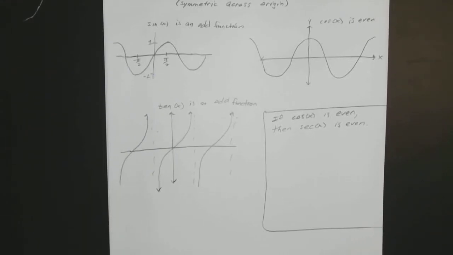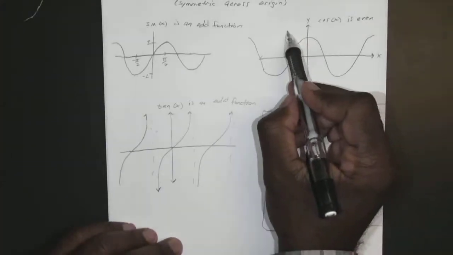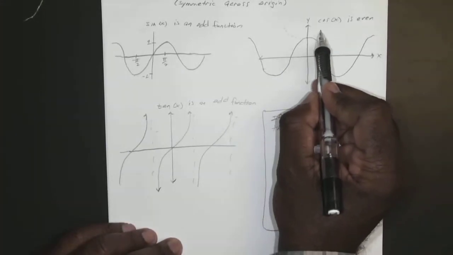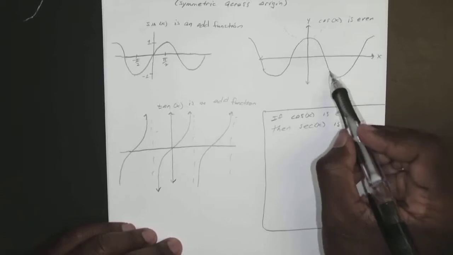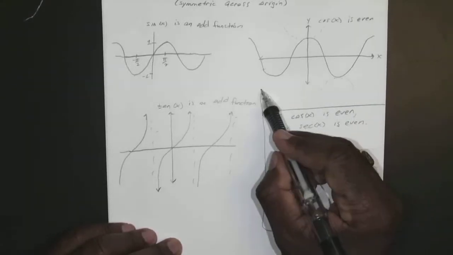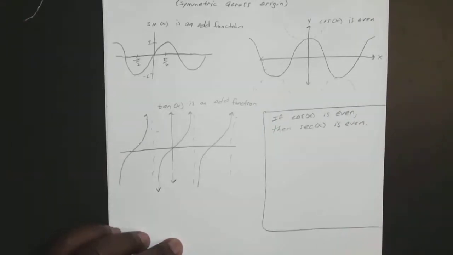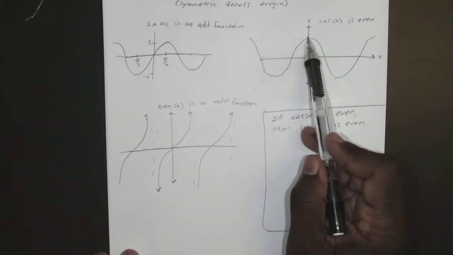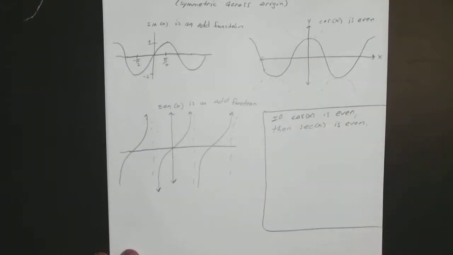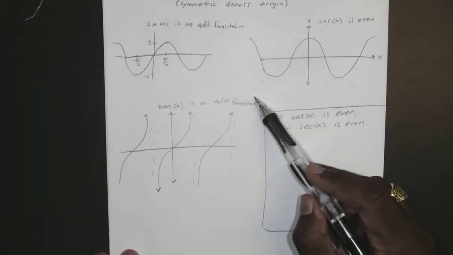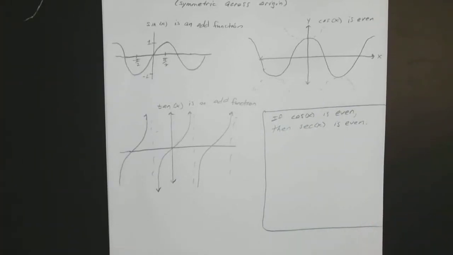Okay. So really, those are the only two even functions. Because remember, your secant, you're just flipping it. So again, if you look on the other side of the y-axis, you have half here and half there. You have this flipped and that flipped, so it's even, looks the same on both sides.